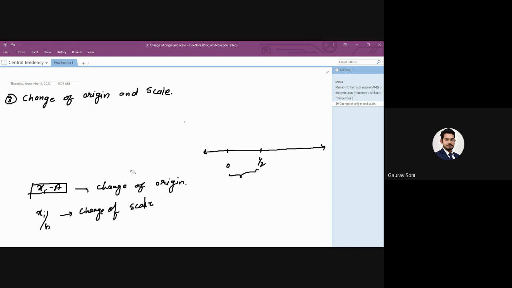What we mean by change of origin is that when you subtract a number from each and every entry, it is the change of origin. And if you divide by a certain number, then it is the change of scale. When we divide, it is change of scale, and when you subtract, it is change of origin. That's all.